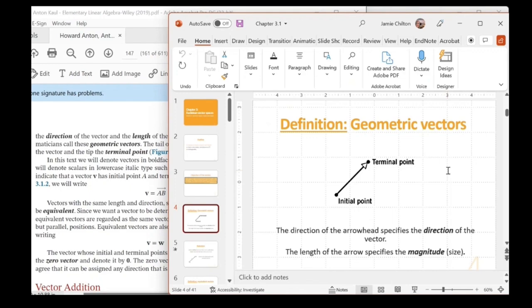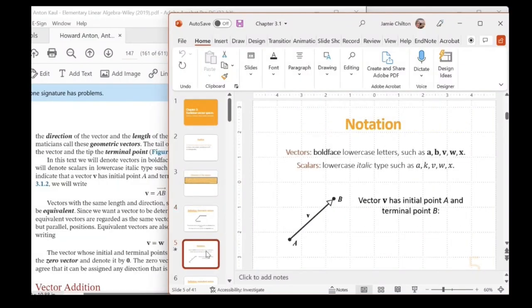Your starting point is going to be called your initial point, and where that vector ends up is going to be your terminal point. They're using initial point and terminal point as our terminology for this text.